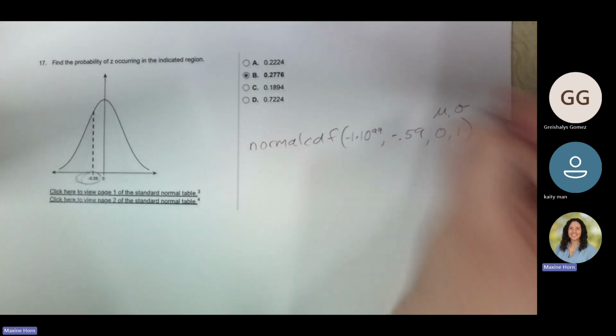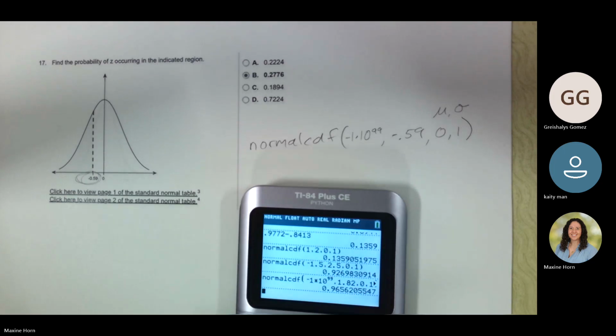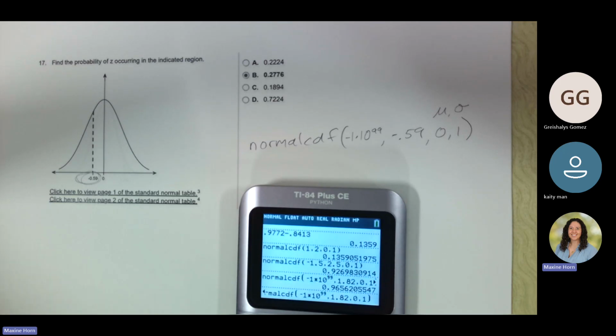Mean, standard deviation. So again, remember we can do where we highlight the thing that we want it to recreate. So I've arrowed up to be highlighted on my normal CDF, and when I hit enter, it copies and pastes that for me. And I can go back and adjust it. So I'm going to keep this -1 times 10 to the 99th, but instead of 1.82, I'm going to do -0.59.